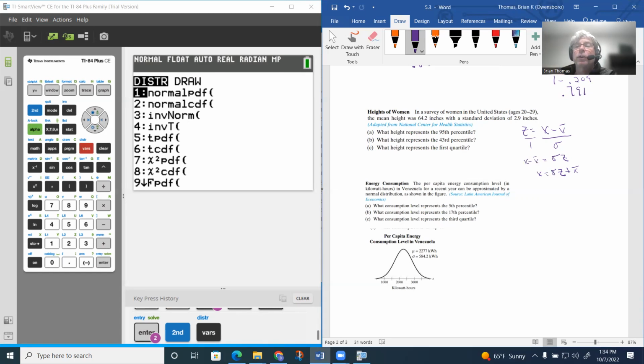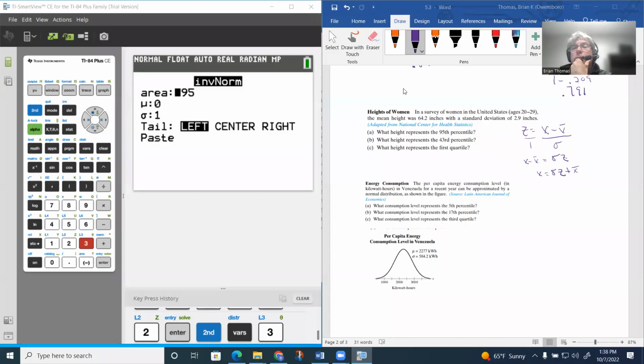So to find this problem, we got a couple things going on here. Let's see if we can piece this all together. We have this formula we can use to find the missing piece of data, since we do know the standard deviation, which is 2.9, and the mean height is 64.2. But what we would not know is the z-score. Well, we just did something with z-scores.